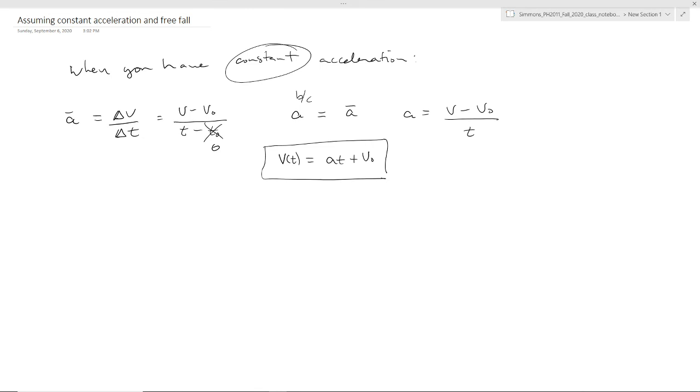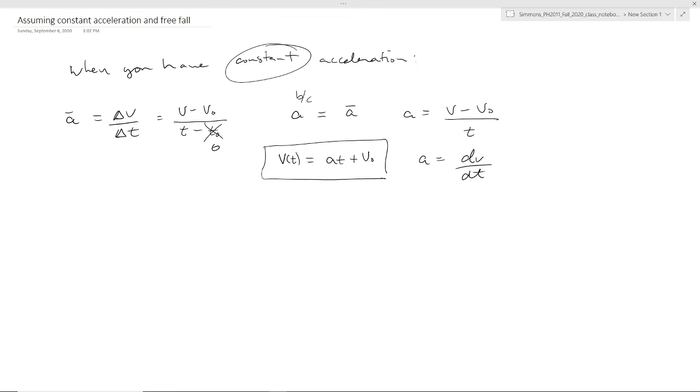You can also get this from calculus. So we have kind of a spectrum in terms of how much calculus folks have had. But recall that the actual definition is that the acceleration is the derivative of velocity. So what you can do is integrate the acceleration to find the velocity.